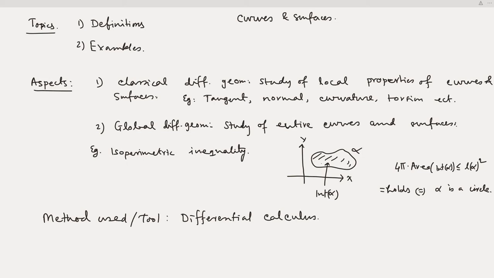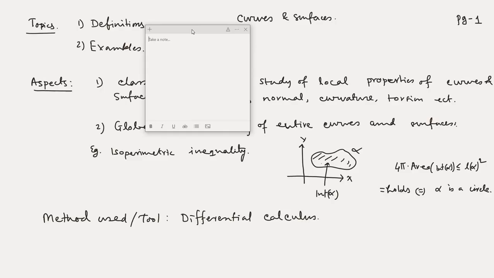Let us go to the first item, definitions. This is page 1, and the next page is page 2. Let us recall the definition of Euclidean space.